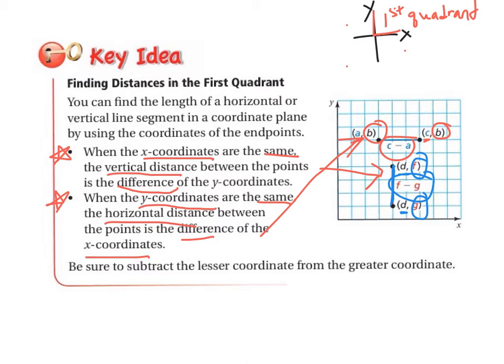So you'll put the one from the right hand side and then subtract the other one, so you don't have to deal with negative numbers. Then you would find the horizontal distance between these 2 points. And that's exactly what we're going to be doing here in example 2.